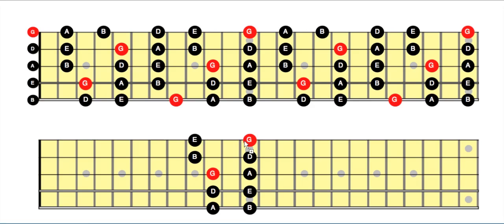I'm going to summarize now because we want to close this. The intervallic structure for the second mode of the G major pentatonic scale, which is the A suspended pentatonic mode, is tone, 1.5 tones, tone, 1.5 tones, tone.